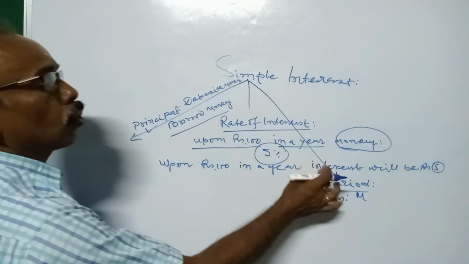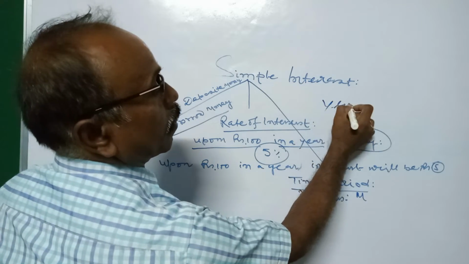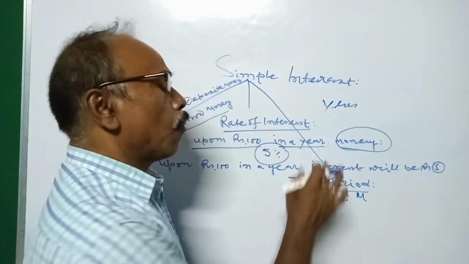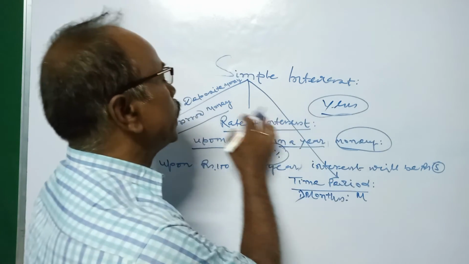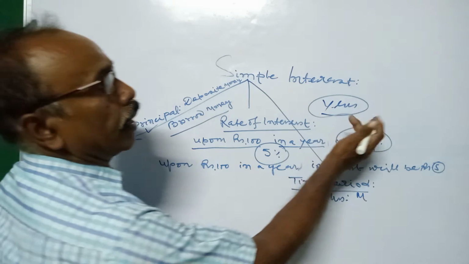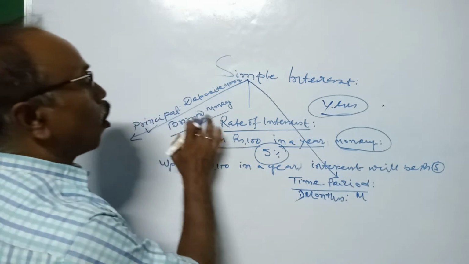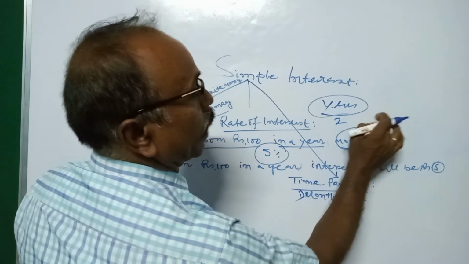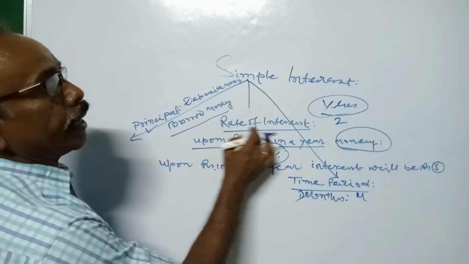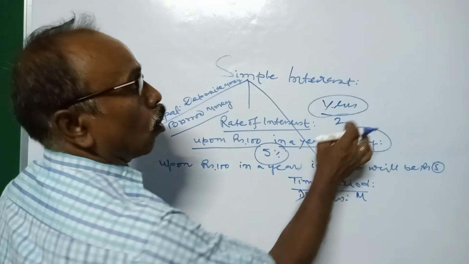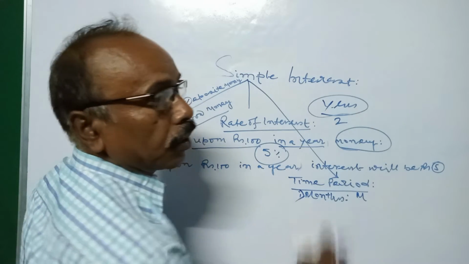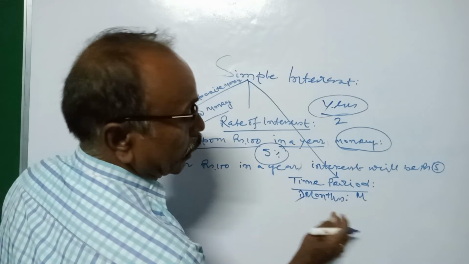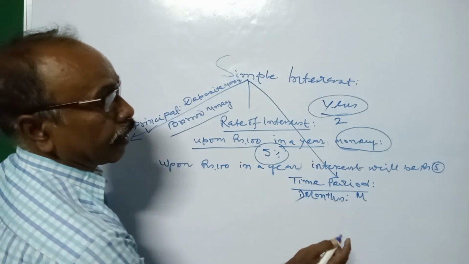Whenever it is in years, it is always simple, because if he deposits some money for only 1 year, then we multiply by 1. If he deposits the money for 2 years, we multiply by 2. If he deposits for 5 years, we multiply by 5.